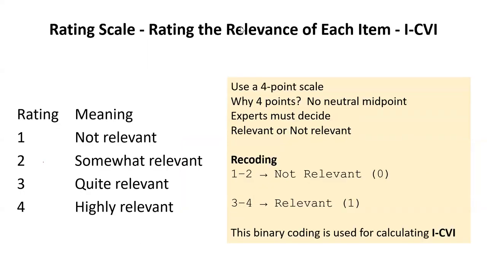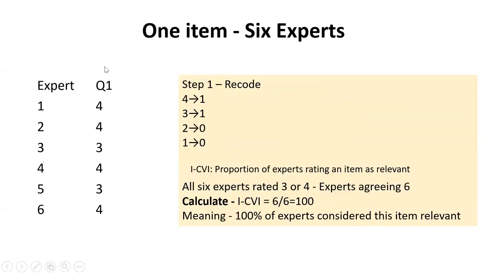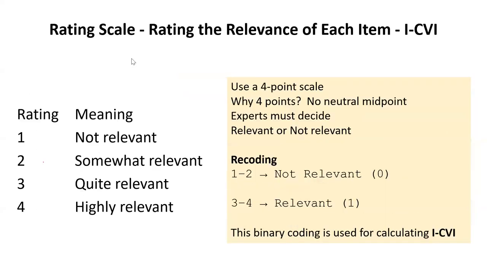When you are looking at content validity, this rating on the 4-point scale is done where the experts must decide whether the item is relevant or not for that particular latent construct. Now, why do we use this 4-point scale? Because ultimately we want to convert the 4-point scale into a 2-point scale.